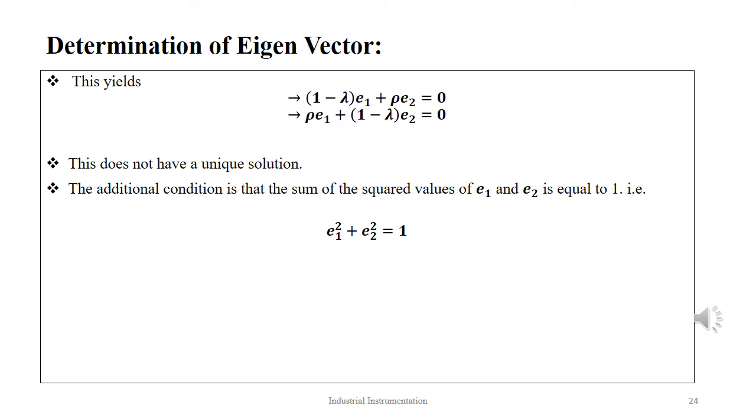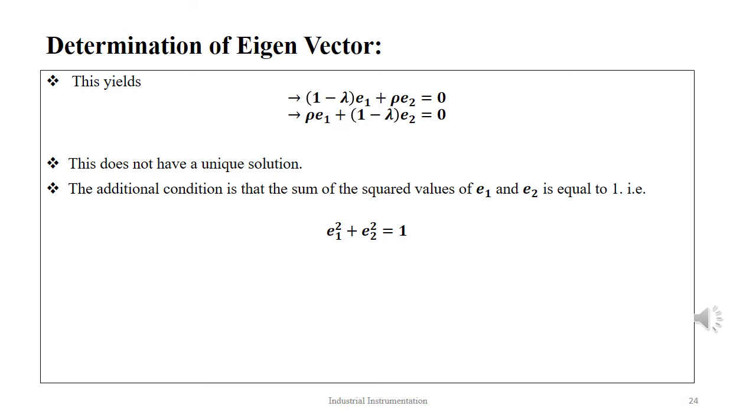This will yield 1 minus lambda into e1 plus row e2 equal to 0, row e1 plus 1 minus lambda e2 equal to 0. This does not have a unique solution.